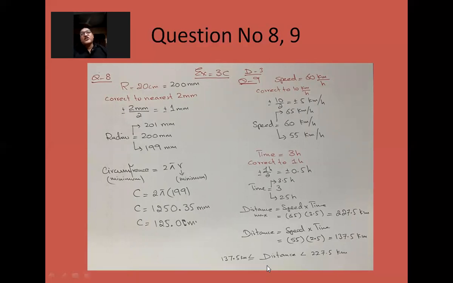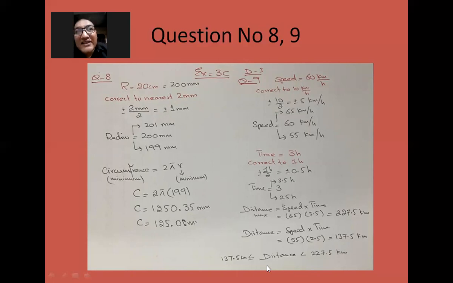Now you see the radius is 20 centimeter. I can convert this into millimeters. If you want to convert centimeter into millimeter, you multiply by 10, because in 1 centimeter there are 10 millimeters. So 20 centimeter will be equal to 20 multiplied by 10, and that will be 200 millimeter.